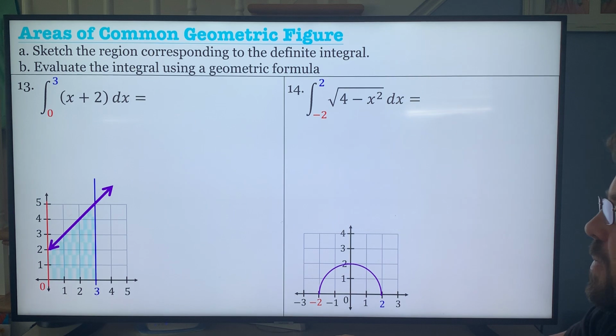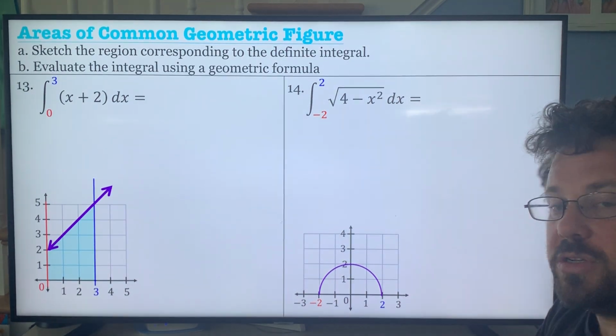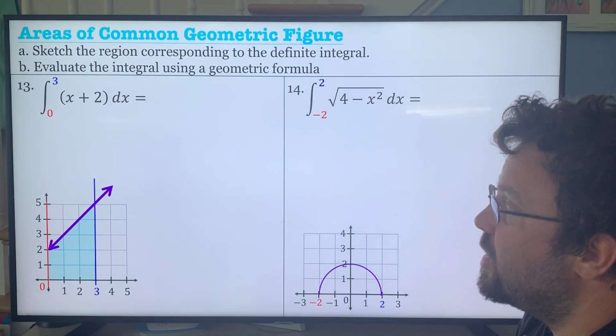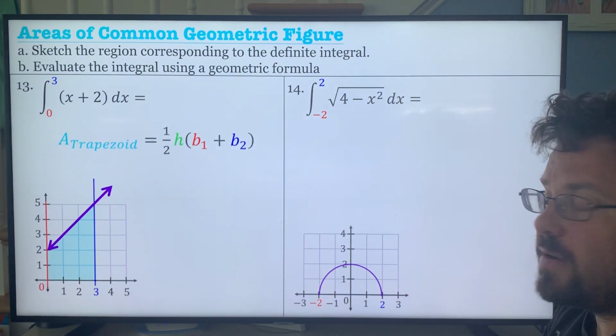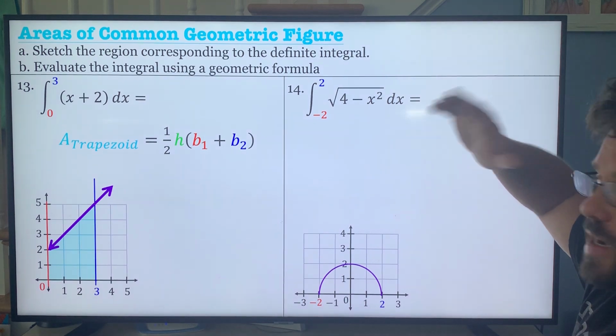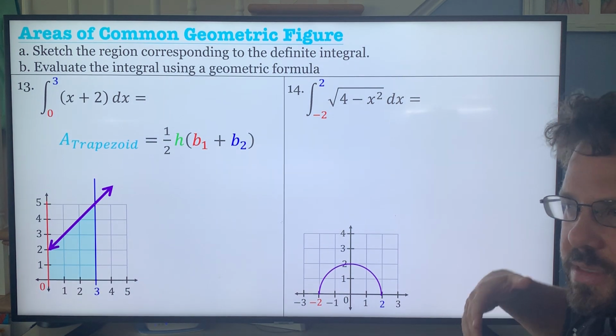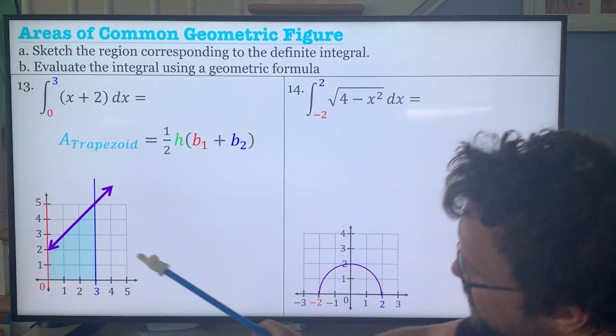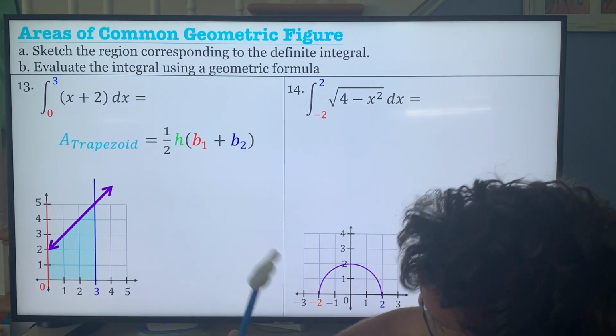What type of shape do we have there? It is a trapezoid. Does anyone remember the formula for a trapezoid? If you were in my geometry class, you definitely remember this because we went over it. It is 1/2 of the height of the trapezoid. The height is the distance between the two parallel sides times the sum of the bases. So here's my trapezoid.